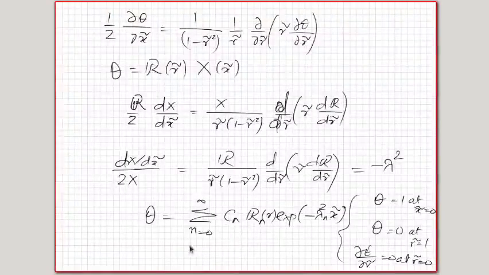Okay. So with this, then I'll quickly write down the solutions that you typically have. You define another function g, which combines the C and R. So you define Gn, which is minus Cn by 2 into Rn prime at 1.